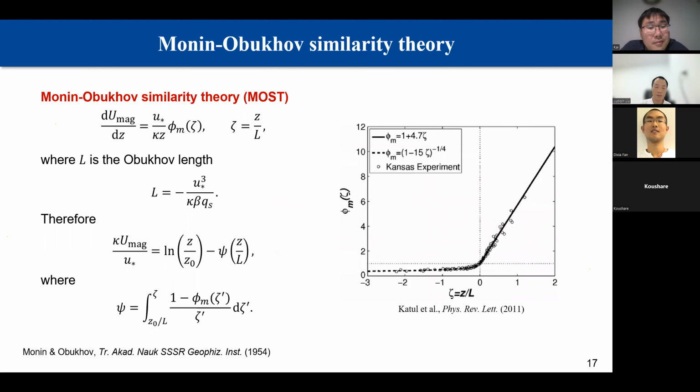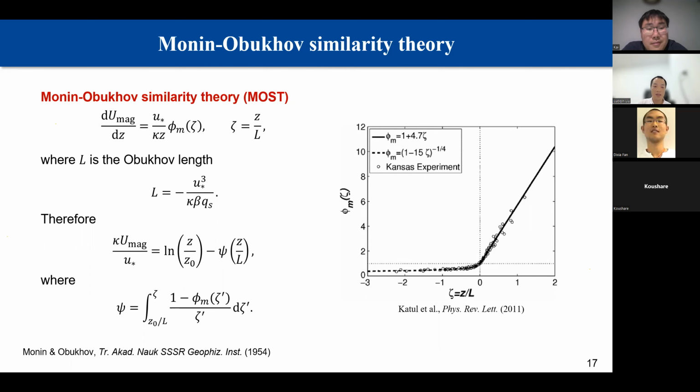In this theory, the velocity gradient should be like this, and in the neutral case, phi m equals 1. Then we can get the log law, but when the surface is heated or cooled, there should be another term in phi m, called the thermal stability correction function.